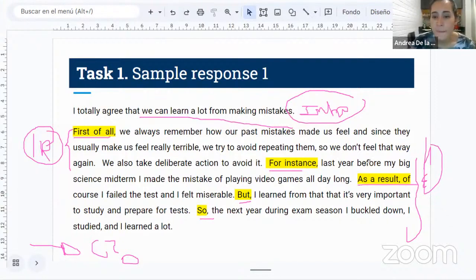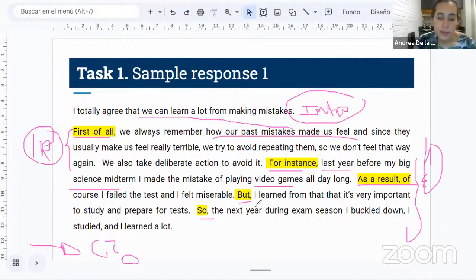So he's saying, last year, that's detail, before my science midterm, a detail, playing video games, another detail. His reason is coherent, his reason makes sense and explains why we can learn from making mistakes. And his example illustrates that reason, right? He says, we remember how our mistakes make us feel.